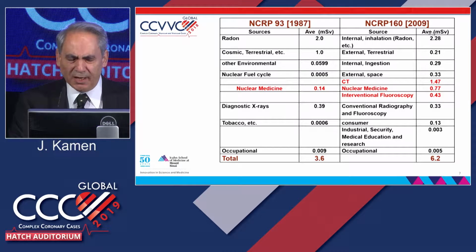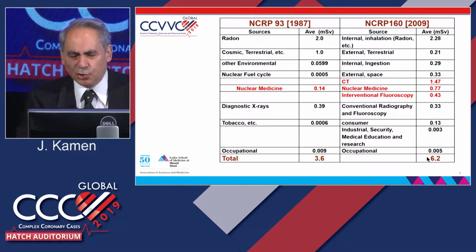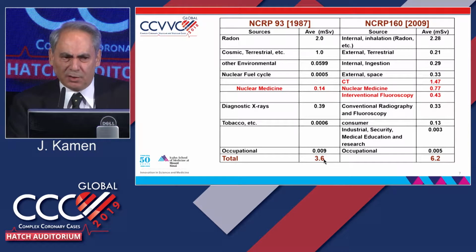In 2009, they published the new one, 160, and this background radiation now is 620. So the average American gets twice as much as they used to get 30 years ago. What changed? You see now CAT scan, nuclear medicine, interventional fluoroscopy. These are the changes that make the average American get more radiation annually.